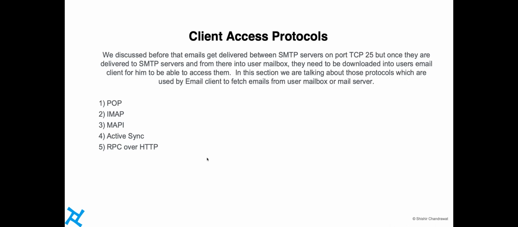So the email got delivered, and your Exchange server put everybody's email in their mailboxes, which are in the mailbox database. But for the user to be able to read it, either they can go to Outlook Web Access and open it there, or they need to download it into their email client so that they can read it. Now in this section, we are talking about the protocols which are used by email clients to fetch the email from the mailbox.